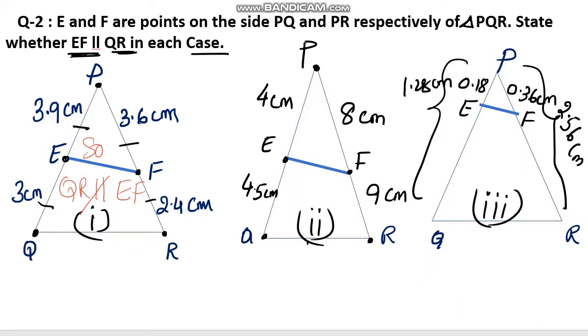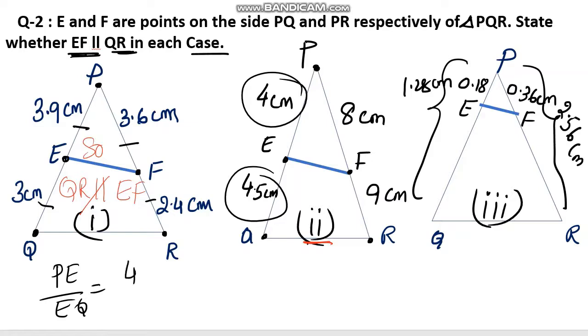Now let us see the next part. What is given here in the next part? PE by EQ is 4 centimeter by 4.5 centimeter, so 4 by 4.5. Keep it like this. Then PF by FR is 8 by 9.